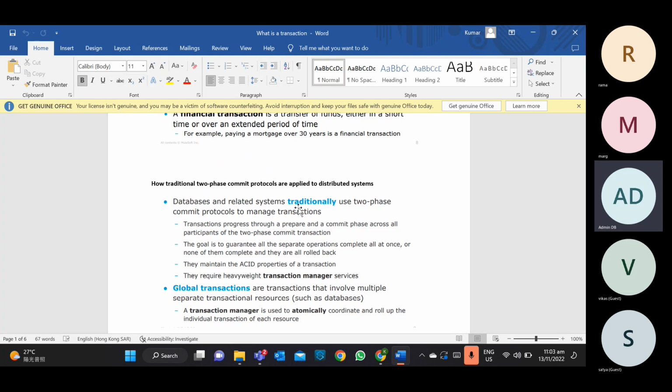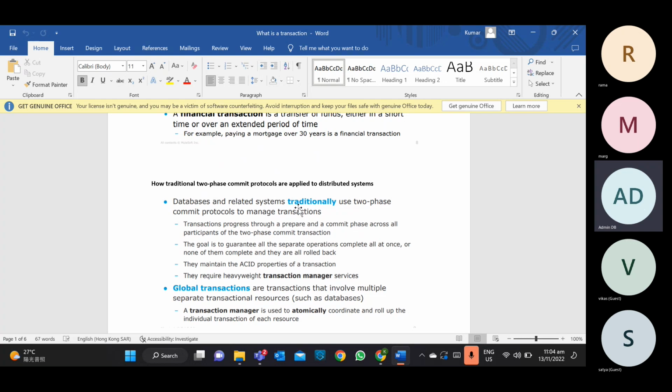Let's say we completed the write in the first database, we did commit 1. In the second database also we completed the write operation, we do commit 1. In the third database also we do commit 1. Now in this particular transaction we have three database operations involved, and let's say the fourth one is a JMS queue.